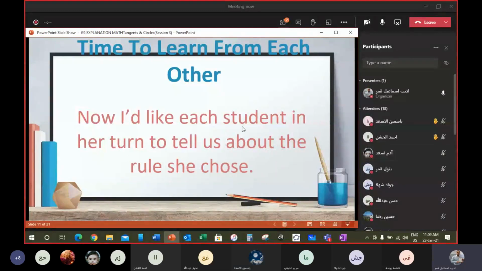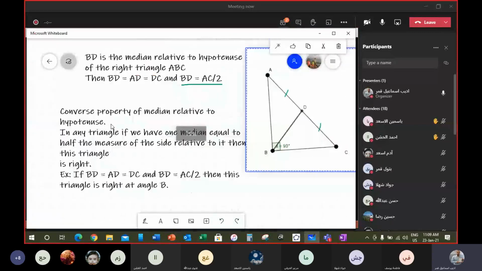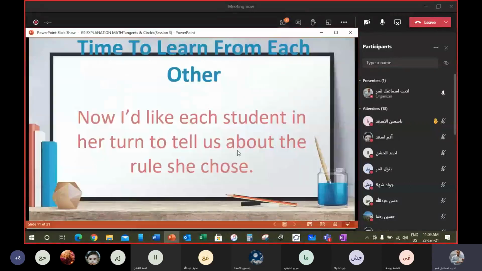This is the property of axis of symmetry, property 3. We also remember the mid segment theorem, and the median relative to the hypotenuse in a right triangle. Very good.